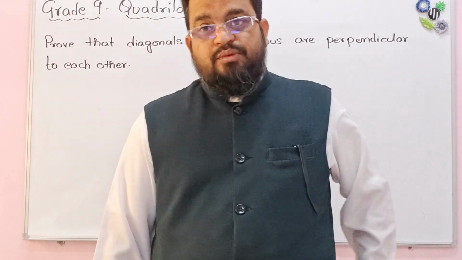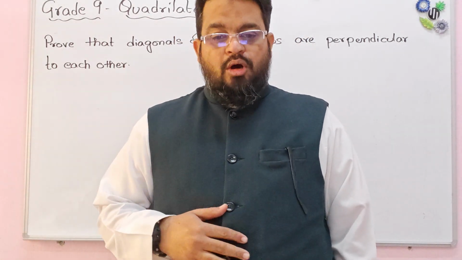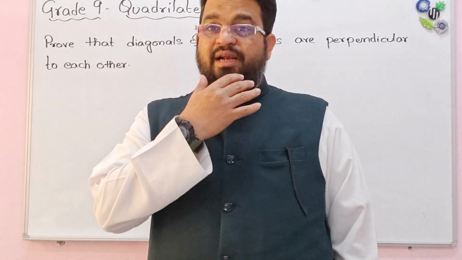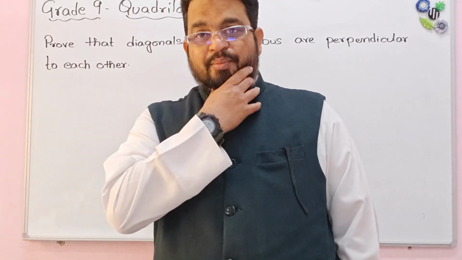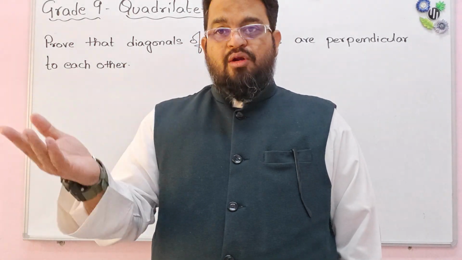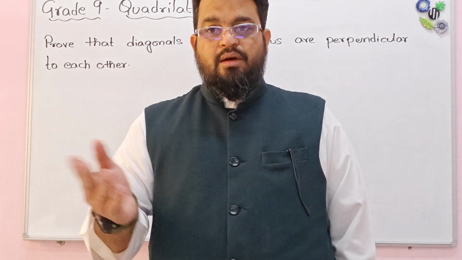In this chapter the questions will be asked like prove, or find the missing angle, or find the length of the sides based on the properties of parallelogram, or show that the figure is a parallelogram, or a rectangle, or a rhombus, or a square.